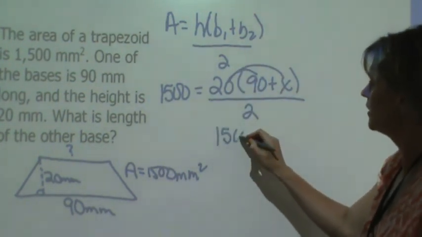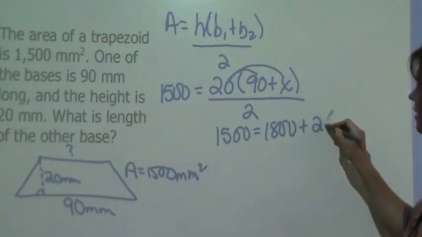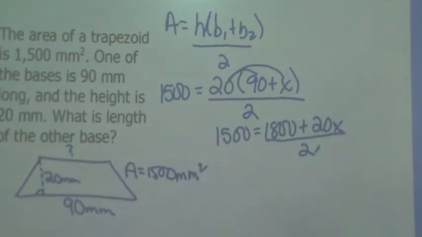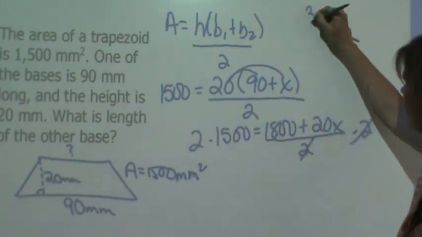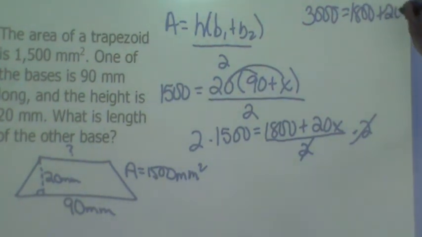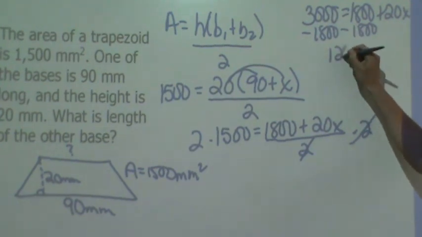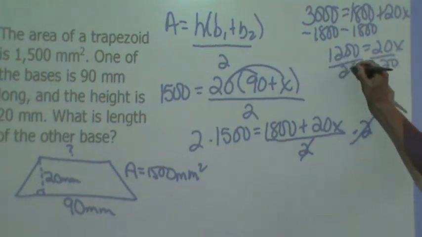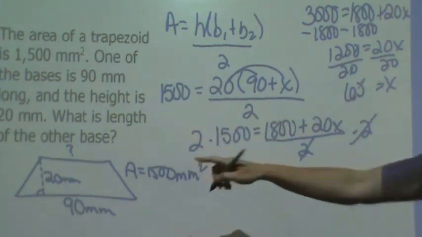So 1,500 equals 2 times 9 is 18, so then 1,800 plus 20x, and we're gonna divide that all by 2. All right, so let's multiply by 2 to get rid of that fraction. So 3,000 equals 1,800 plus 20x. Get our like terms together. So 1,200 equals 20x. Divide by 20, and x would equal 60 millimeters.